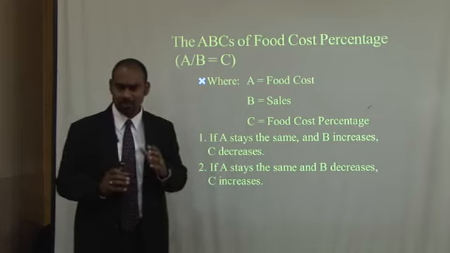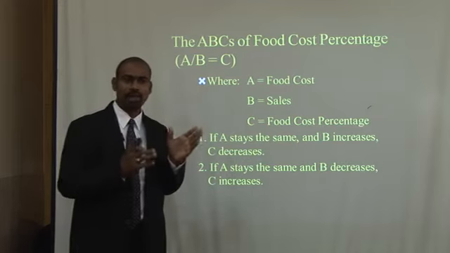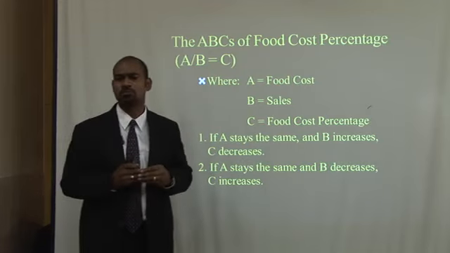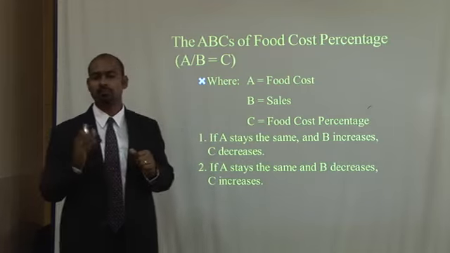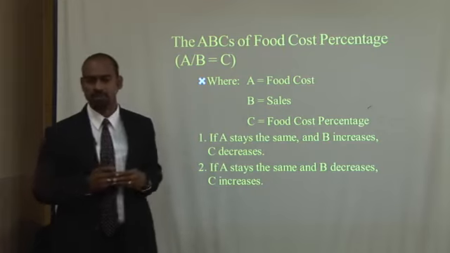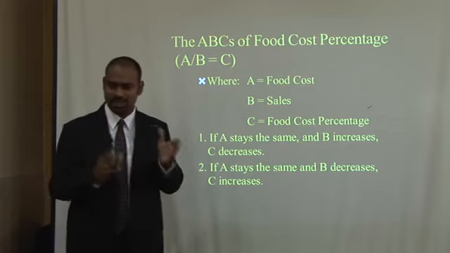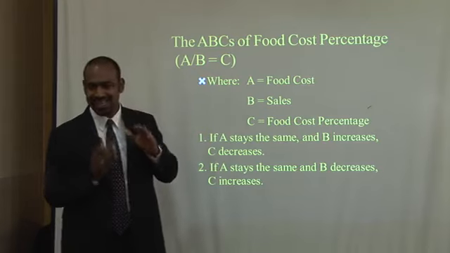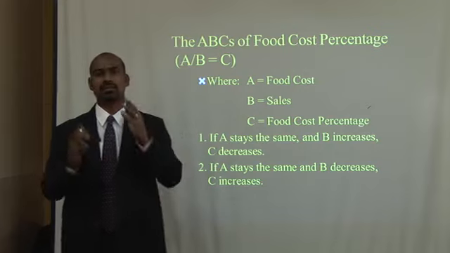Now I want to explain with an example why we are saying this is a variable cost. The ABCs of food cost percentage: A is food cost, B is sales, C is food cost percentage. A divided by B equals C. If A stays the same and B increases, C decreases.